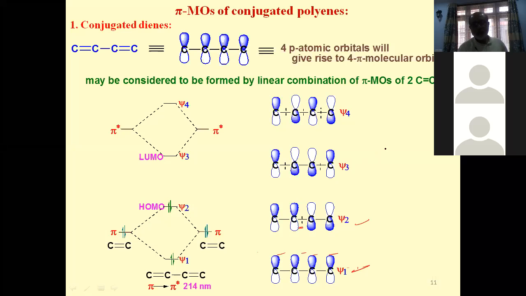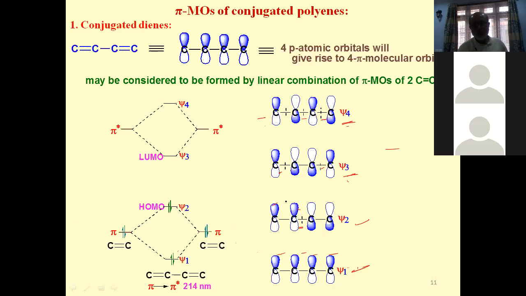Then psi 3 will have two nodes. As the energy increases, the number of nodes also increases. And psi 4 will have three nodes: 1, 2, 3. As the node comes, the phase will change.